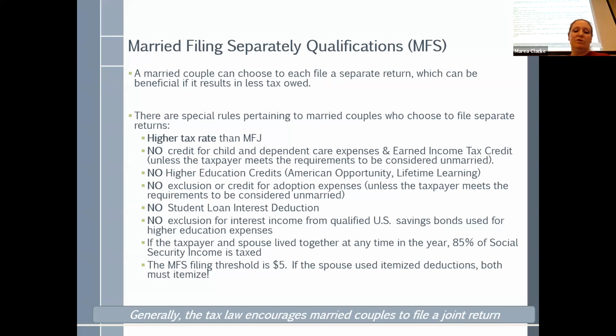And this is the list of those credits here. And again, the threshold is $5 for filing. So it is generally better to file a joint return. But if they want to choose to file a separate return, that's no problem. They can do that as well. They just can limit their ability to claim some credits.